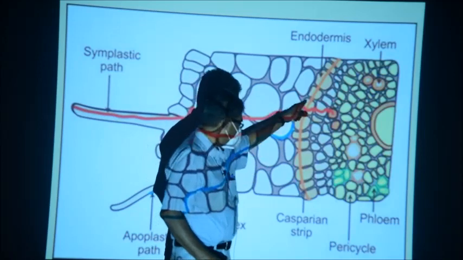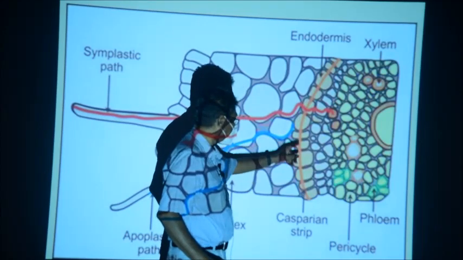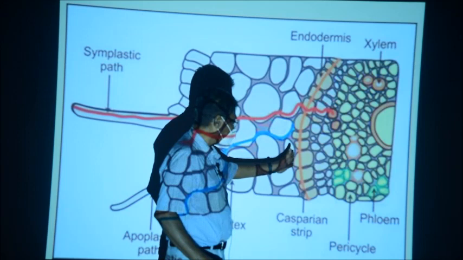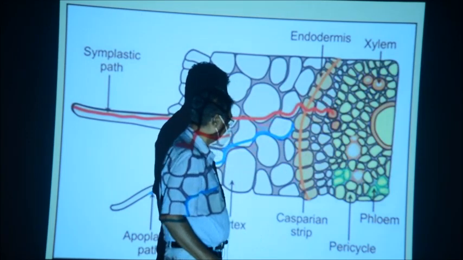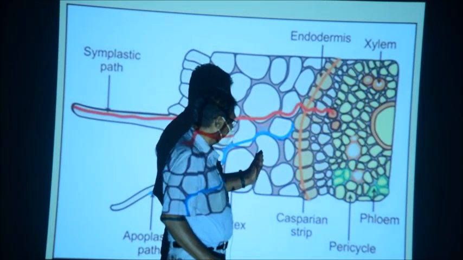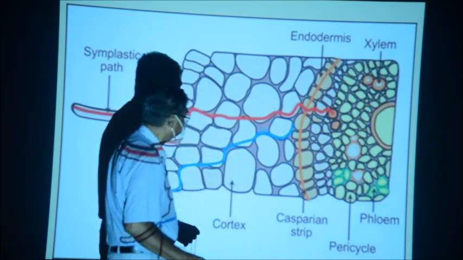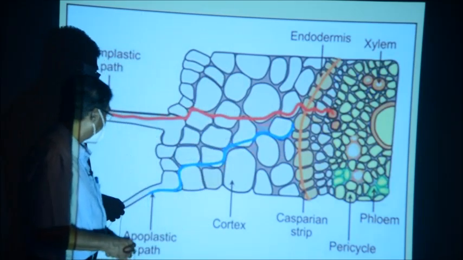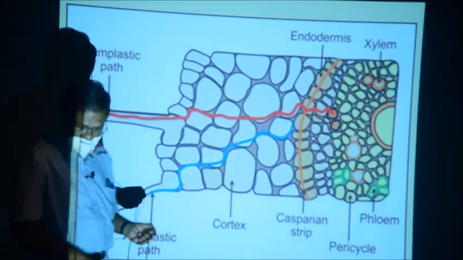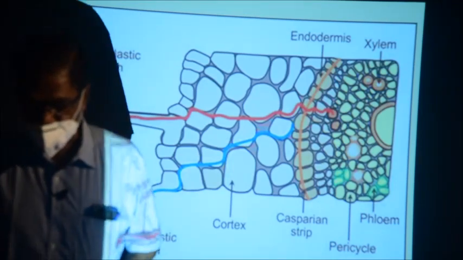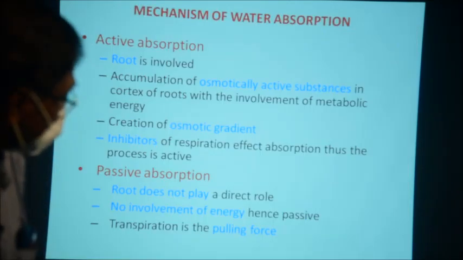The endodermis has certain strips called Casparian strips, and these do not allow water to enter, so water enters through certain cells known as passage cells, which are present in the endodermis. That is not shown here, but there are passage cells in the endodermis.